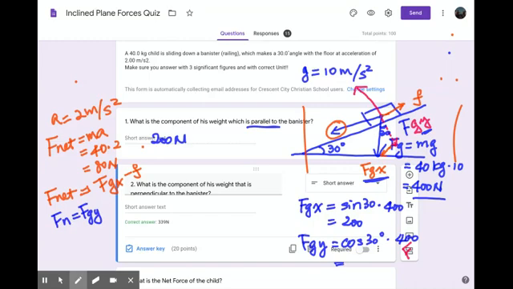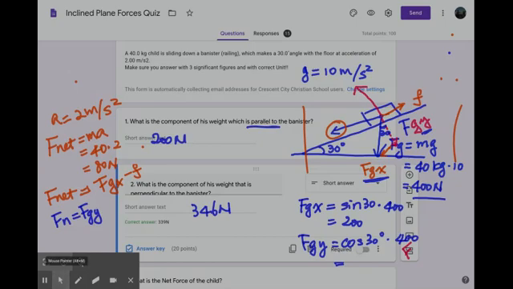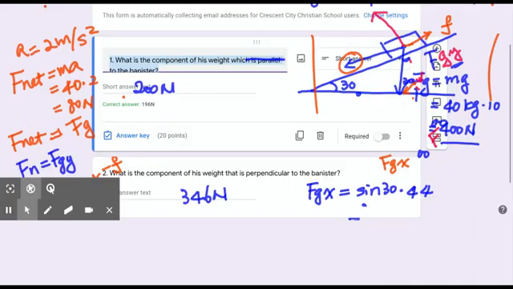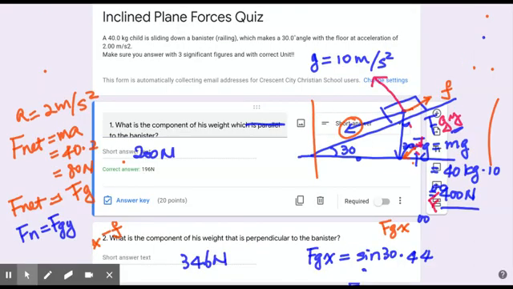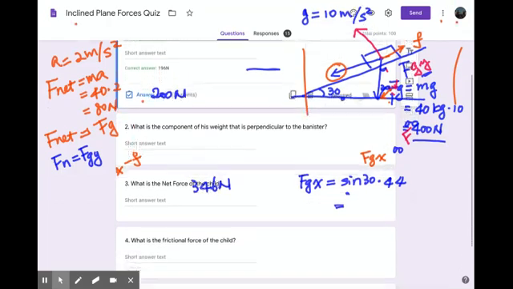So you put cosine 30 times 400, you get 346 Newton. Well, the answer I have is when I use 9.81 as gravity.